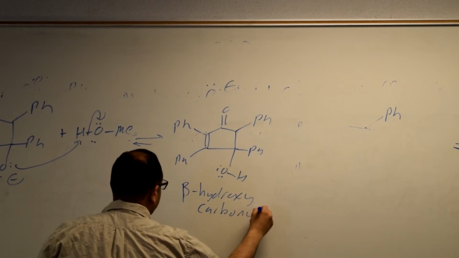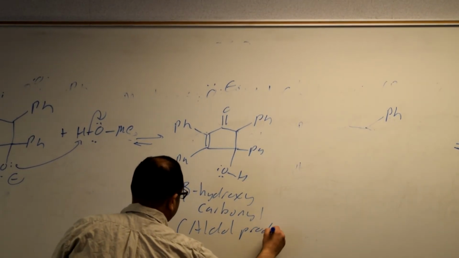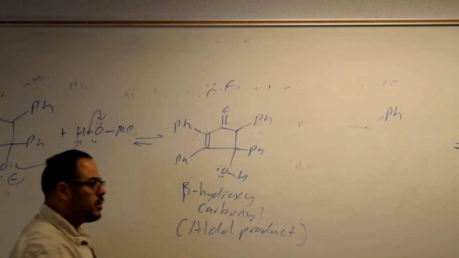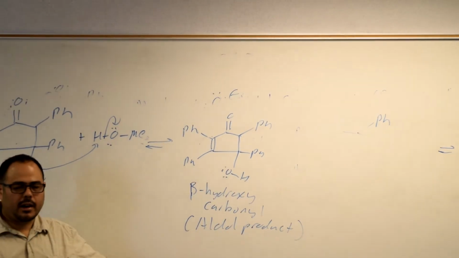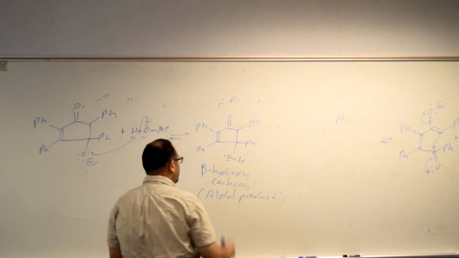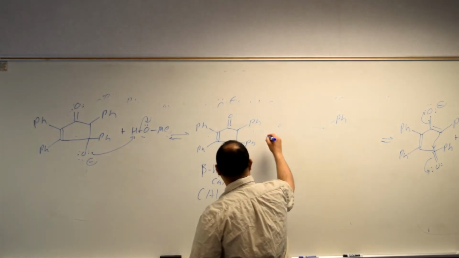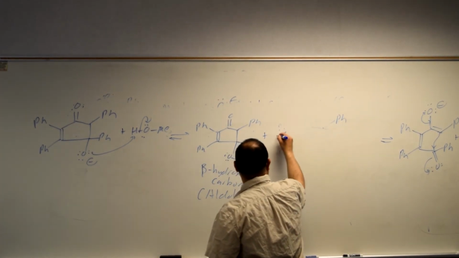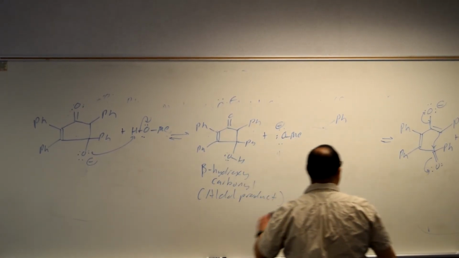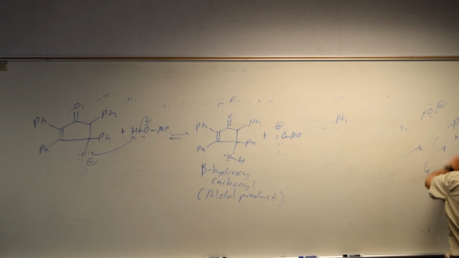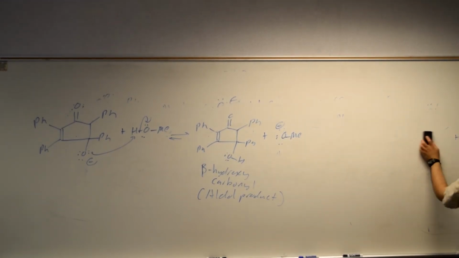And this is your aldol product again. Whenever you're doing an aldol condensation, you would stop at your aldol product, which is your alpha beta hydroxy carbonyl compound. Now we're going to proceed with the E1CB because we've regenerated more methoxide anion. And from the methoxide anion, we can proceed, like I said, to the E1CB and finish this off.